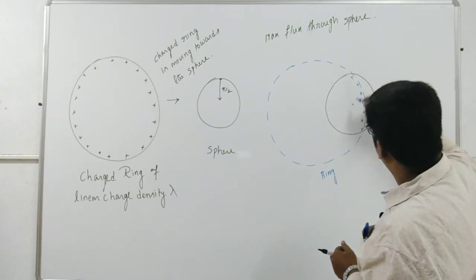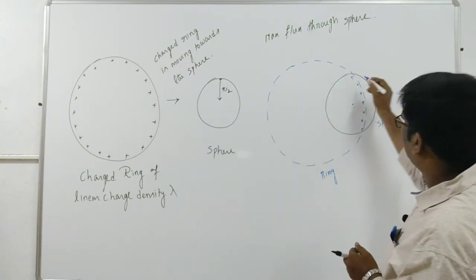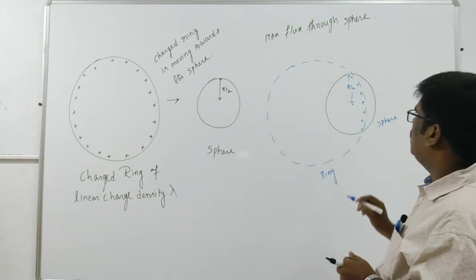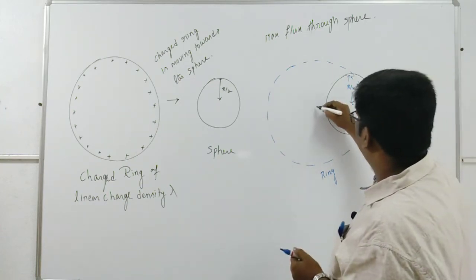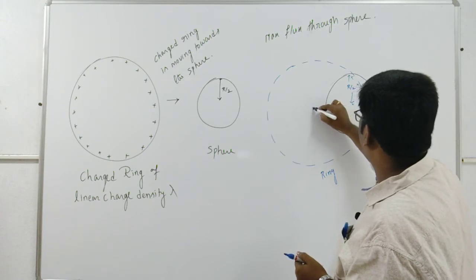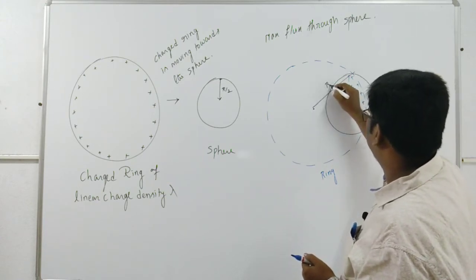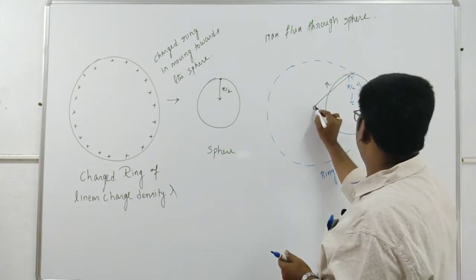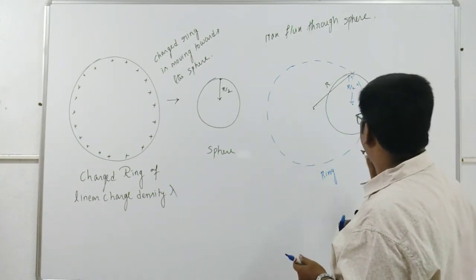Exactly, we know the radius of the sphere is r by 2. And here from the center to this point is radius r. Then what is the angle made by it?